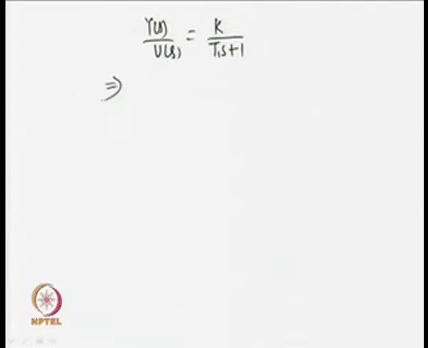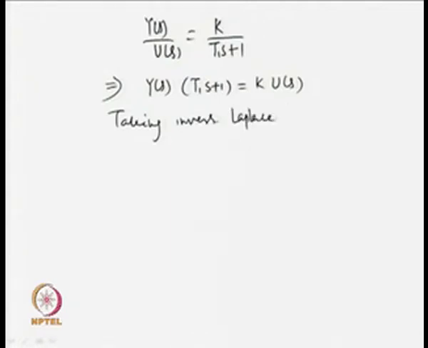Now, when you write this again in the form of y s times T 1 s plus 1 equal to K u s, taking the inverse Laplace transform, we get T 1 y dot t plus y t is equal to K u t.